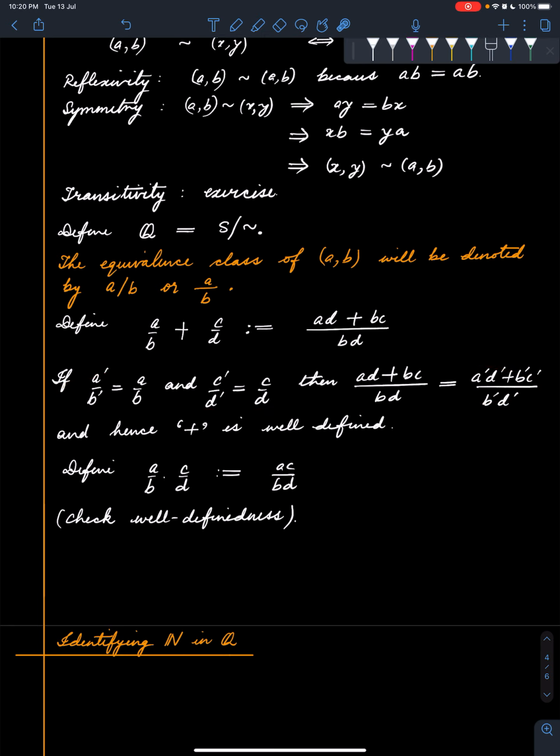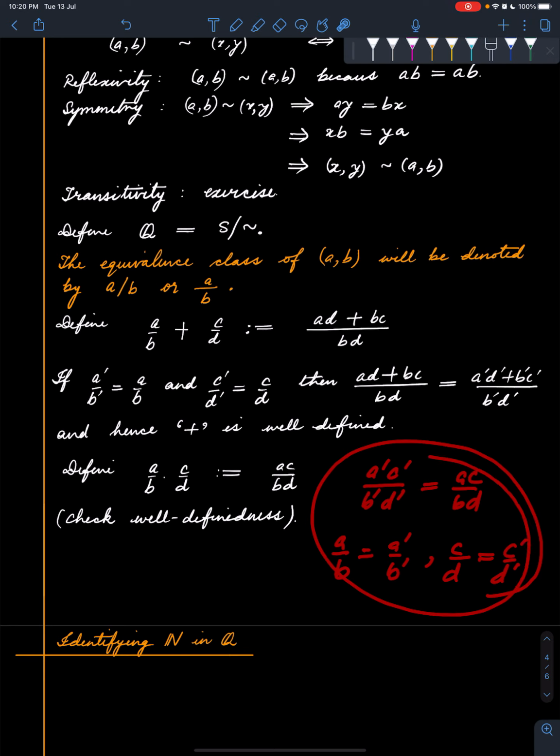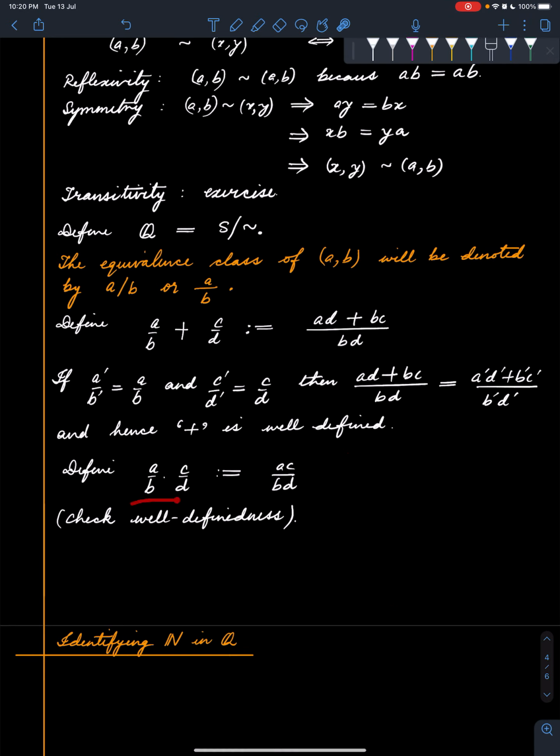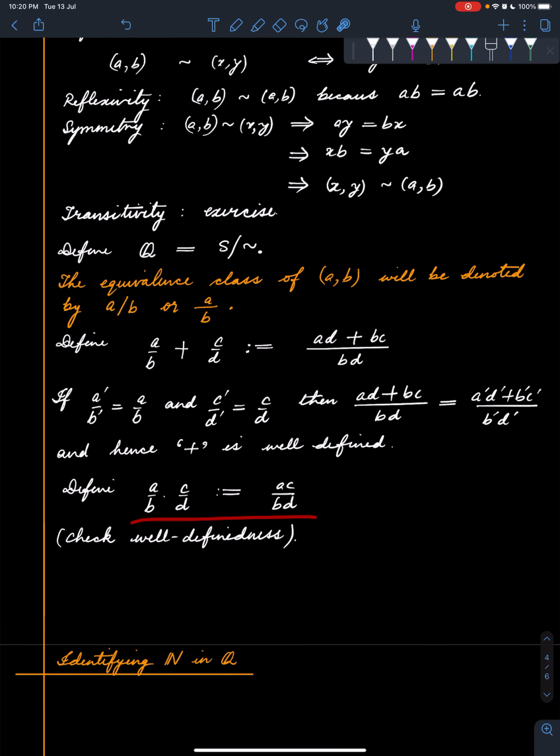That's the kind of thing that we need to do. So we will need to check that A prime C prime upon B prime D prime is equal to AC upon BD whenever A by B is equal to A prime by B prime and C by D equals C prime by D prime. This is what you need to do.